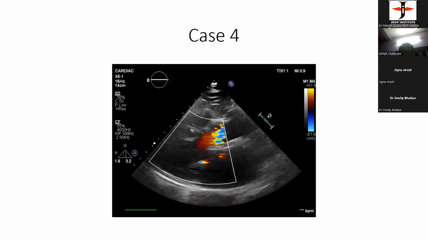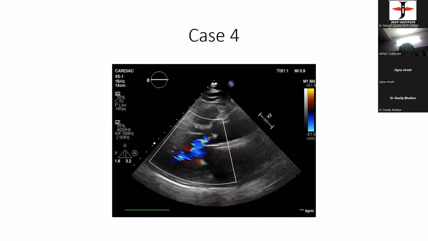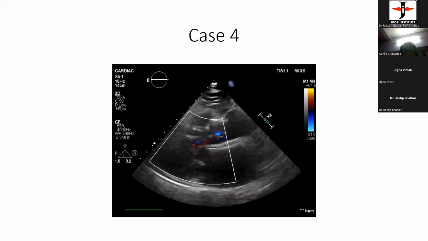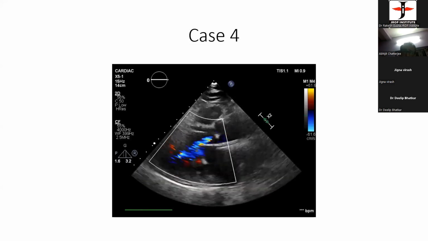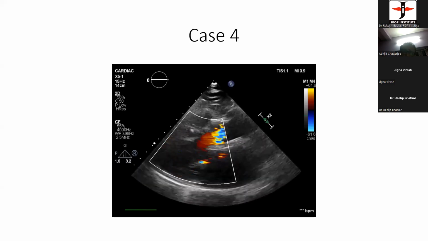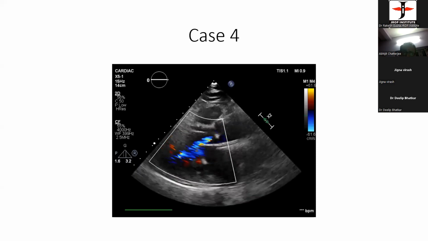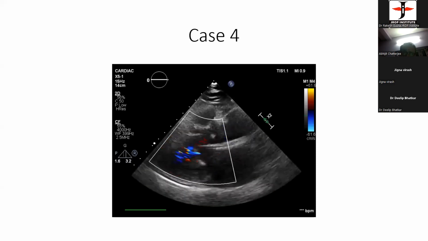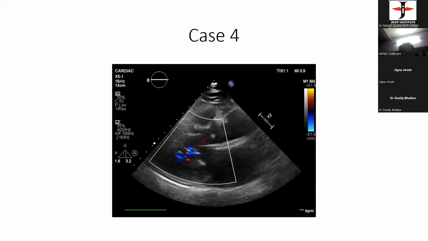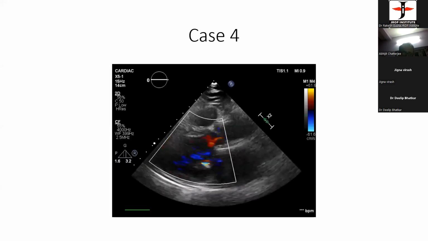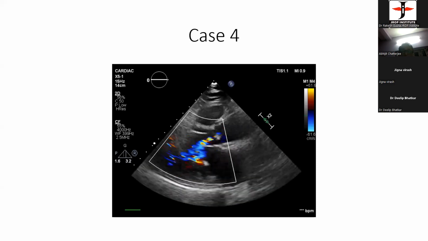If it is more than 50%, we can call it severe aortic regurgitation. Sir, height of the jet over LVOT diameter. Is it 50% or 65%? Yes, for severe, more than 65%.